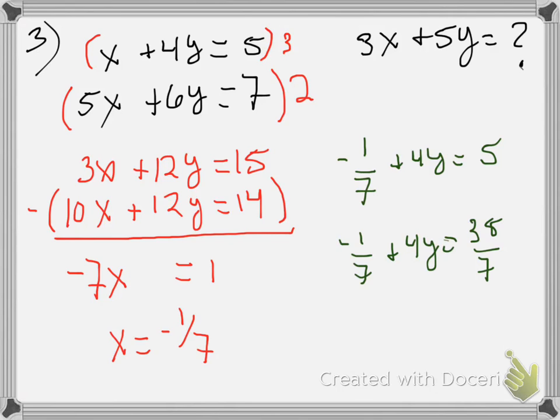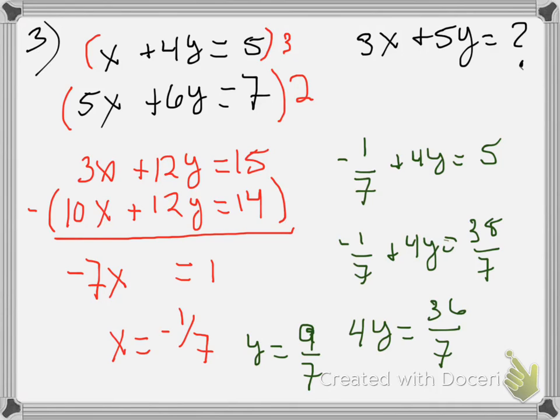So if I move that other 1/7, I get 4y equals 36 over 7. And if I divide each side by 4, I get y equals 9 over 7. Oh boy, I don't know that decimals would be any easier.